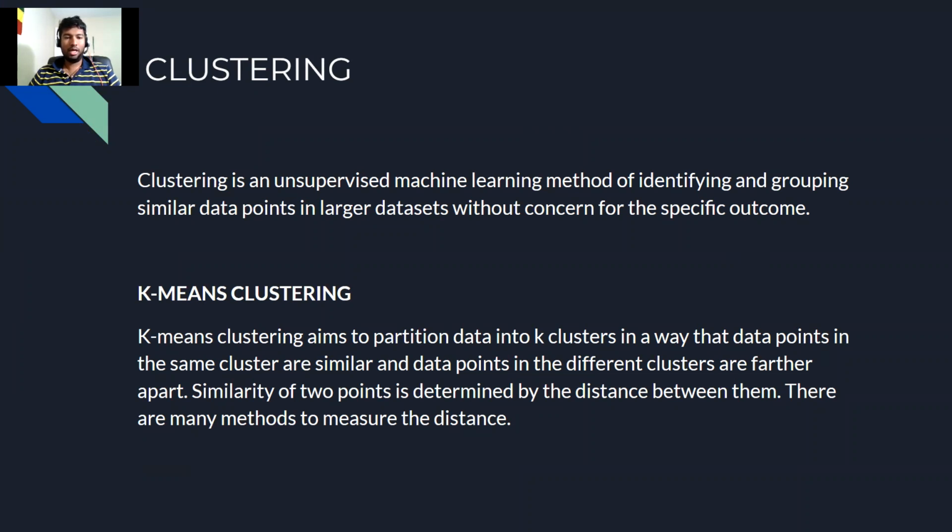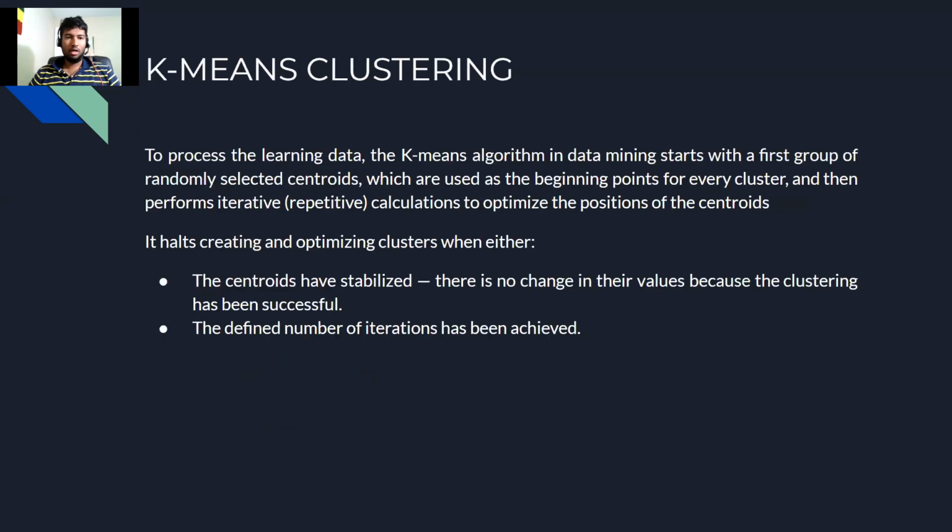In k-means clustering, the data is divided into k clusters, where each cluster has a centroid, the distance between the centroid and the point is calculated, and the data point is clustered to the closest centroid.